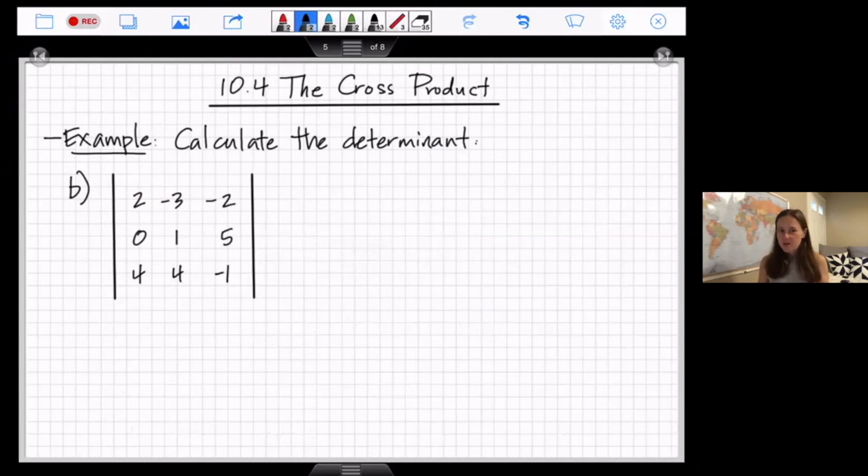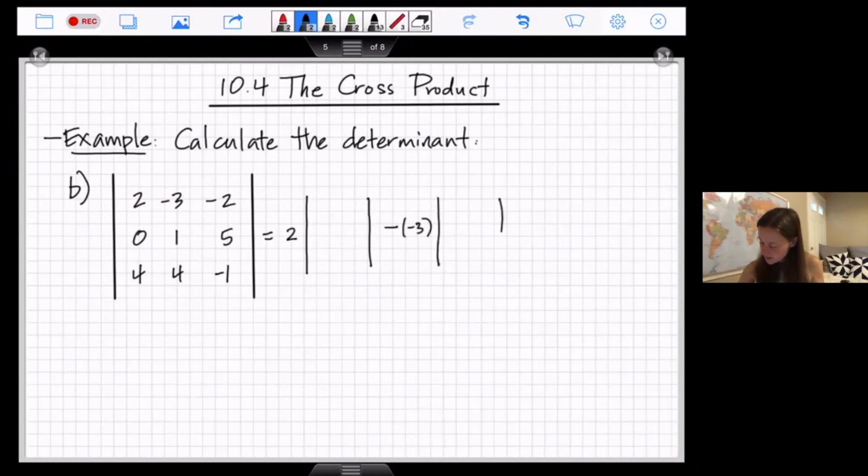Okay, so again, we're going to start off with coefficients. 2 times its little matrix, negative in the middle, always negative on that term, but that number itself is negative, so it's going to be minus a -3, or you can just make it a +3. And then the last one, plus, again, a -2. All right, and then see what little matrices you get.